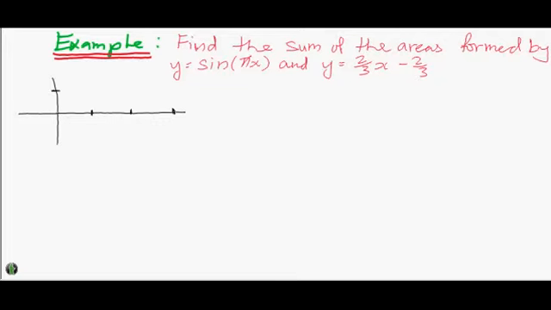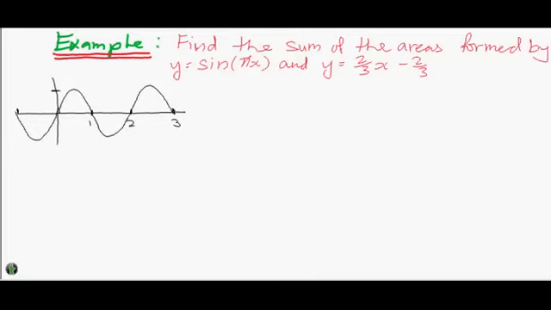So 1, 2, 3, like so. So our curve is going to look something like this. It even goes negative. Good. Alright. Now, that's our sine pi x.